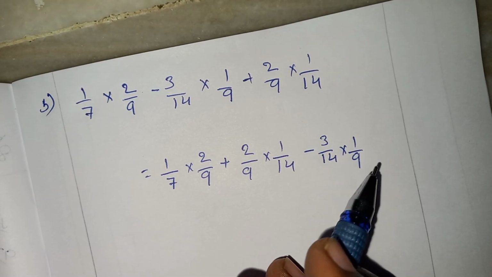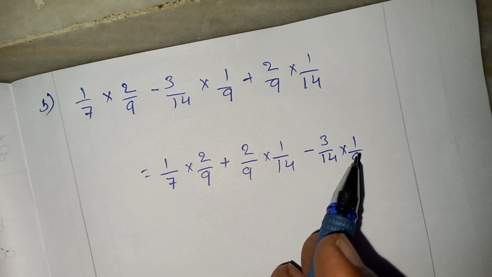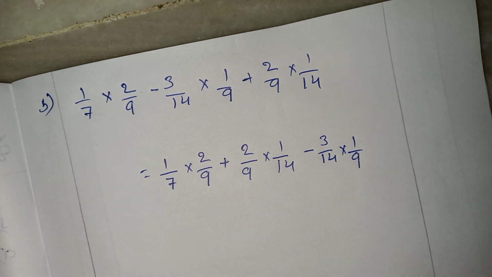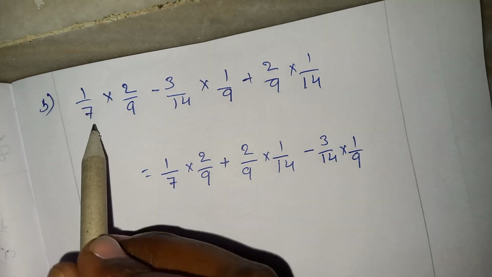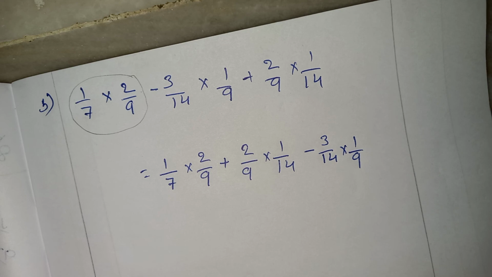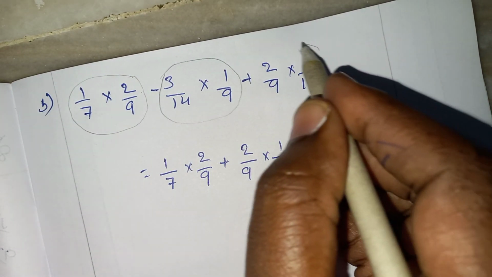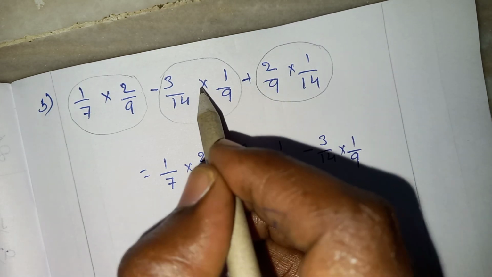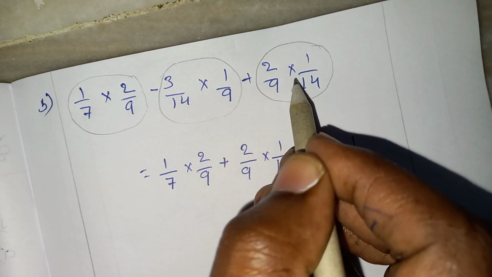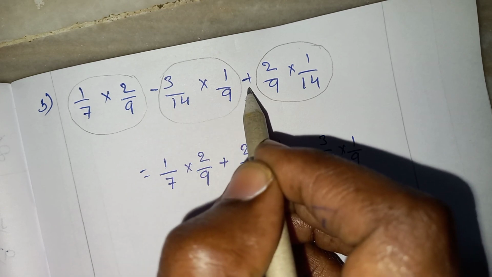See, for any expression, multiplication has the highest priority. So here in this question, this full thing is one part, this one is the second one, this one is the third one. Once you finish the multiplication only, you can do the subtraction or addition.